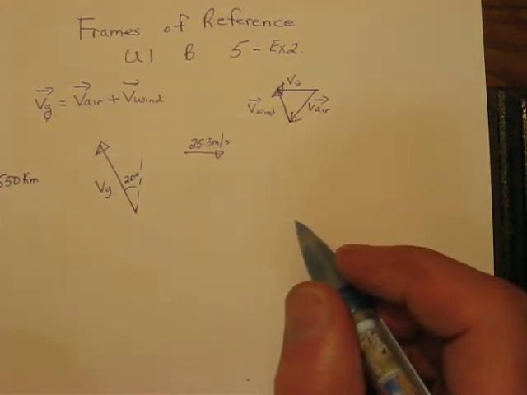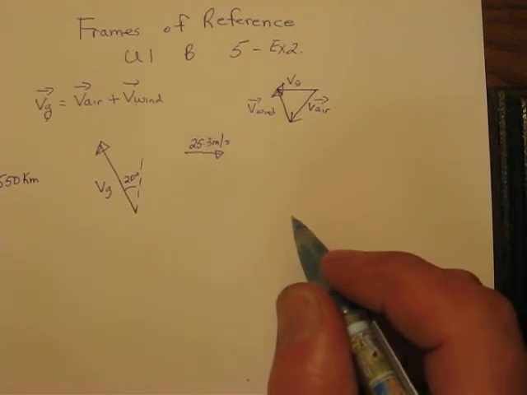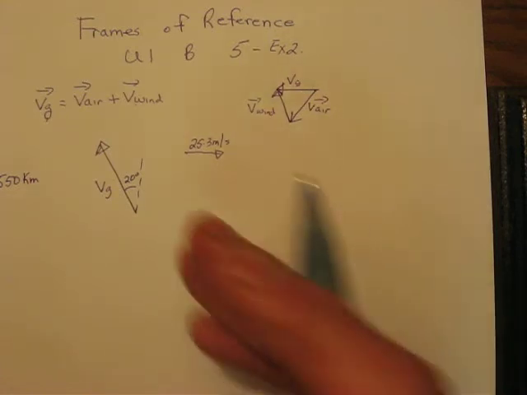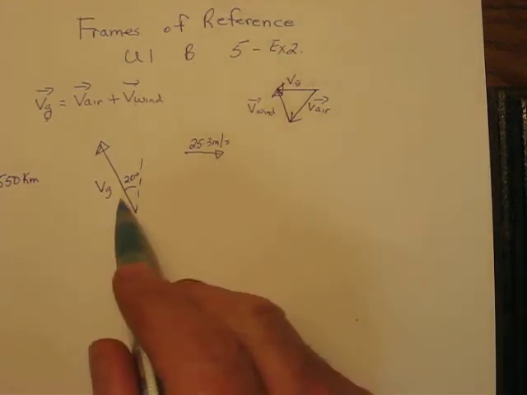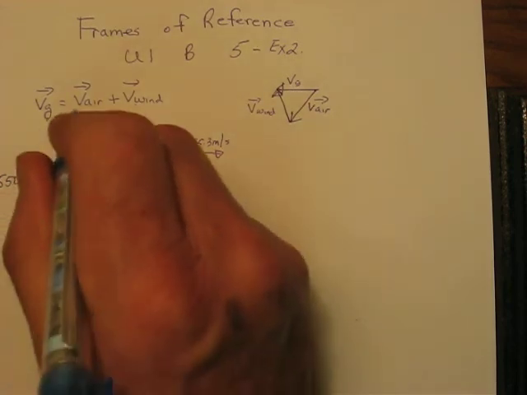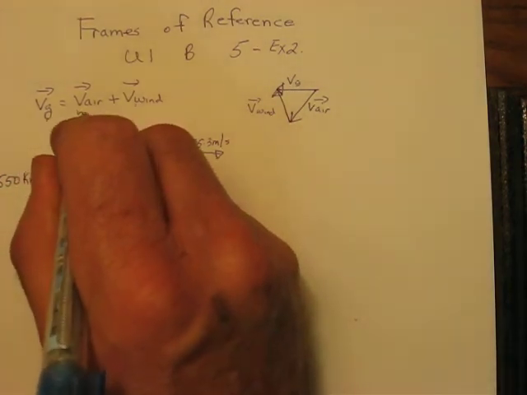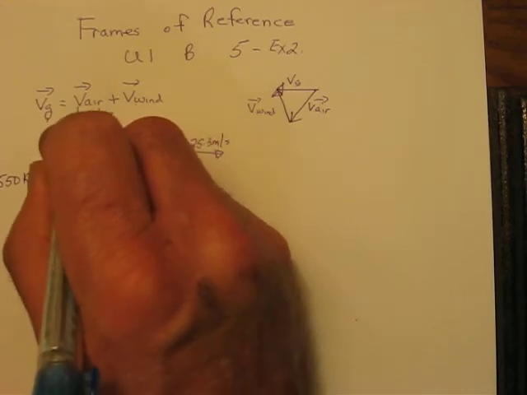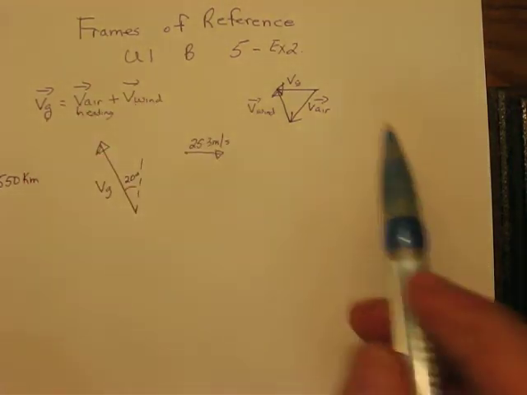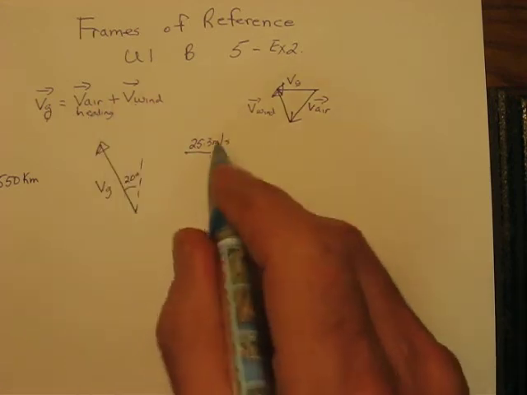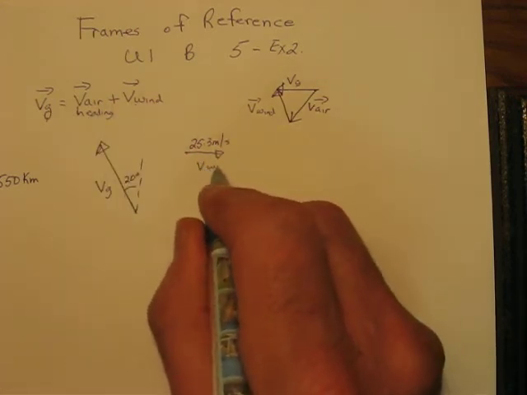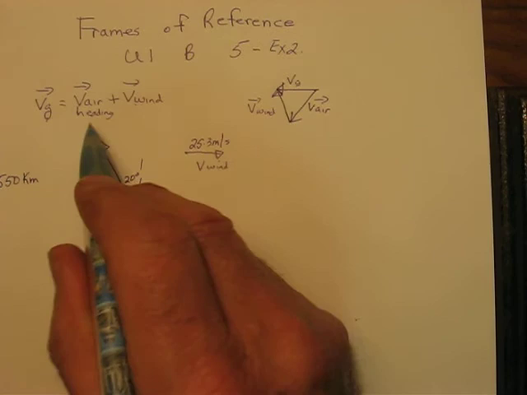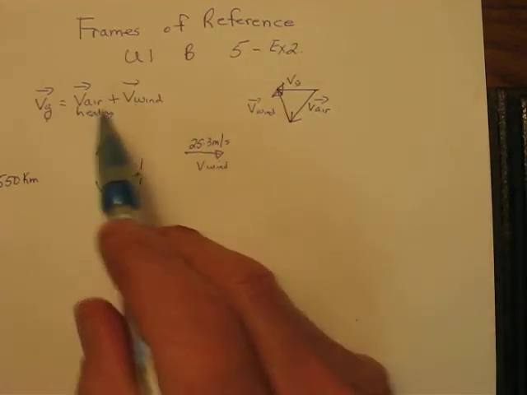And then finally it asks, what is the heading of the plane, or what direction should it point in order to fly in this actual direction? Heading is always associated with the air velocity. If you see the word heading, it's referring to its air velocity. So there's our 3rd vector. Remember, this is V wind, and it's asking us about the air, the heading.